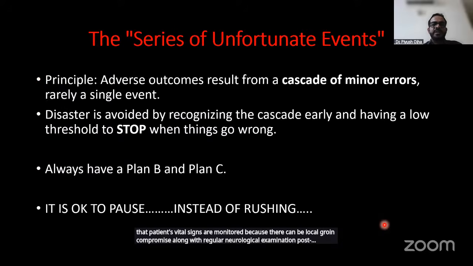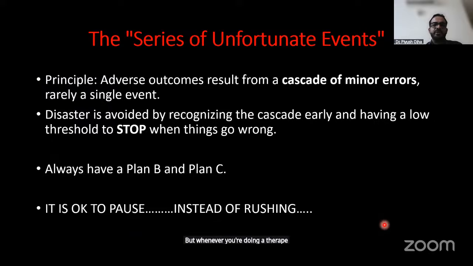One other thing that you should always keep in mind is something called a series of unfortunate events. Whenever you're doing a therapeutic or a diagnostic procedure, if something goes wrong, usually it is a cascade of minor errors that we keep on doing one by one. So you can avoid any kind of disaster by recognizing what has been the wrong thing that has been done.